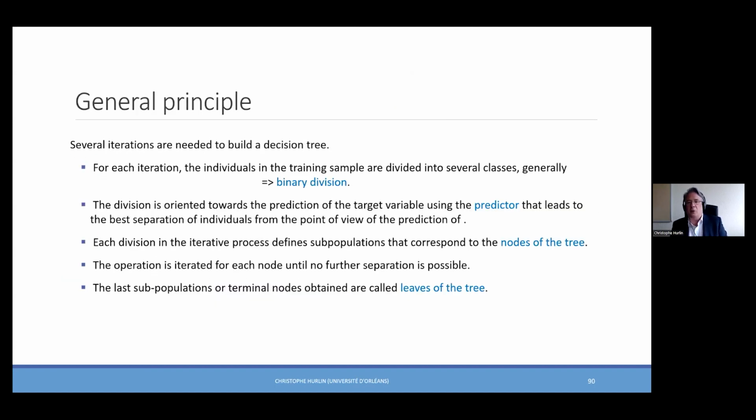So what is the general principle of a decision tree? This is an iterative algorithm. So we have several iterations. And for each iteration, the individuals in the training sample are divided into several classes. In general, we consider only 2 classes. This is why we have a binary decision, okay?